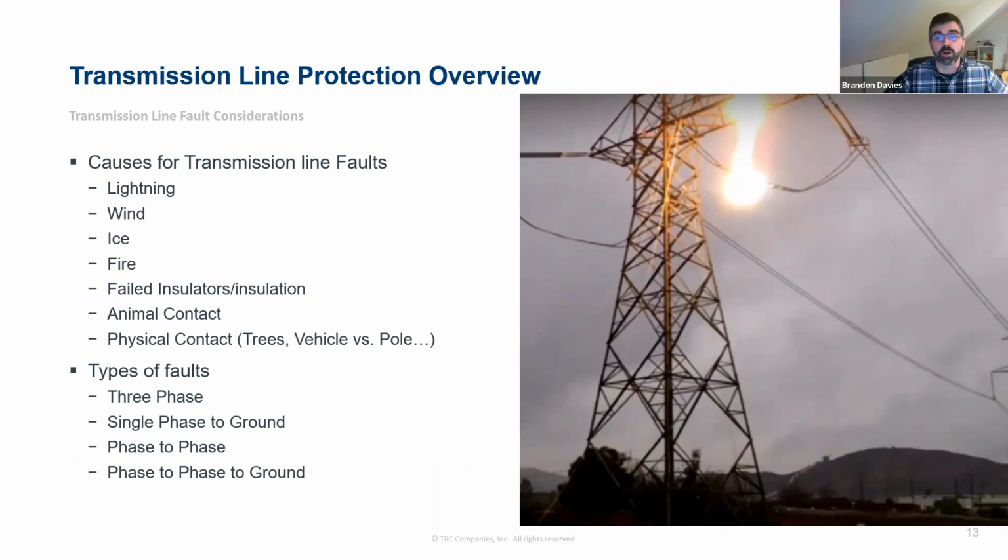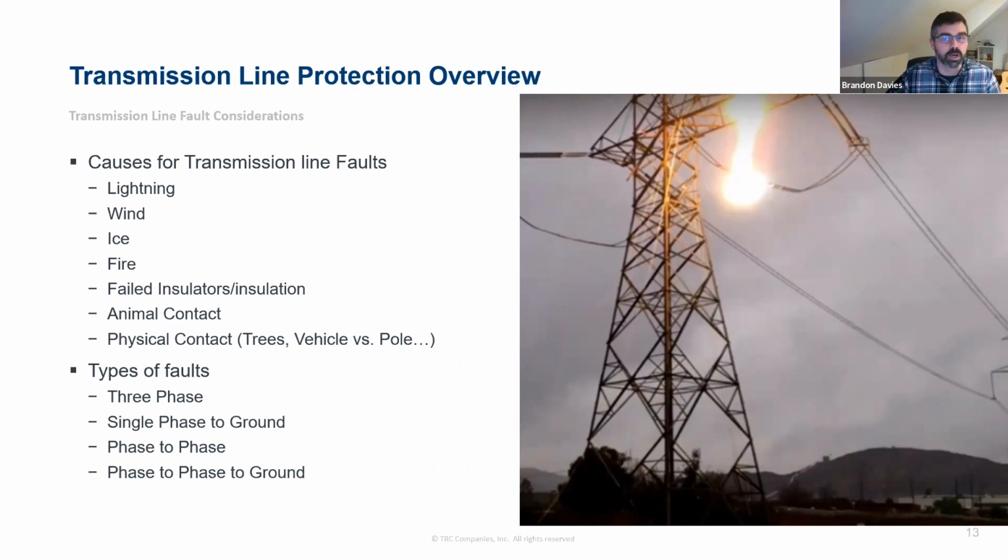It's very physically large, which is going to give it a larger likelihood of having a problem. It's got more components in it because every one of those towers has insulators and jumpers and things like that. And it's not in as much of a controlled environment. There's a lot we can do as engineers to protect a piece of substation equipment from things like lightning, animal contact, and physical contact from trees.